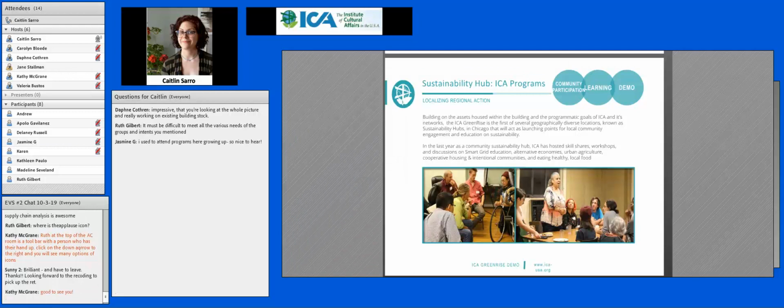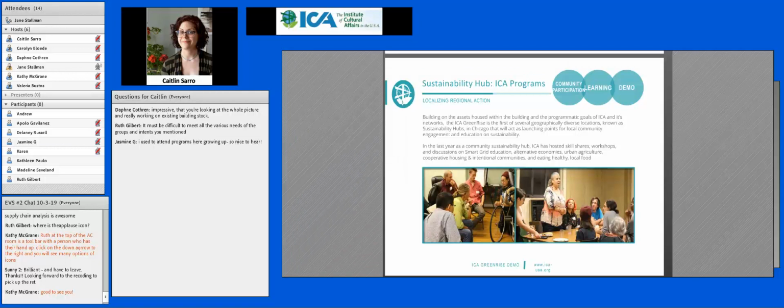So we can all learn from other buildings and other programs that are trying to take a similar way of dealing with what is otherwise considered just an infrastructure problem. What do you do with an old building? And I think that there's lots of approaches that you can take with that, and there's a lot of learning to be had.